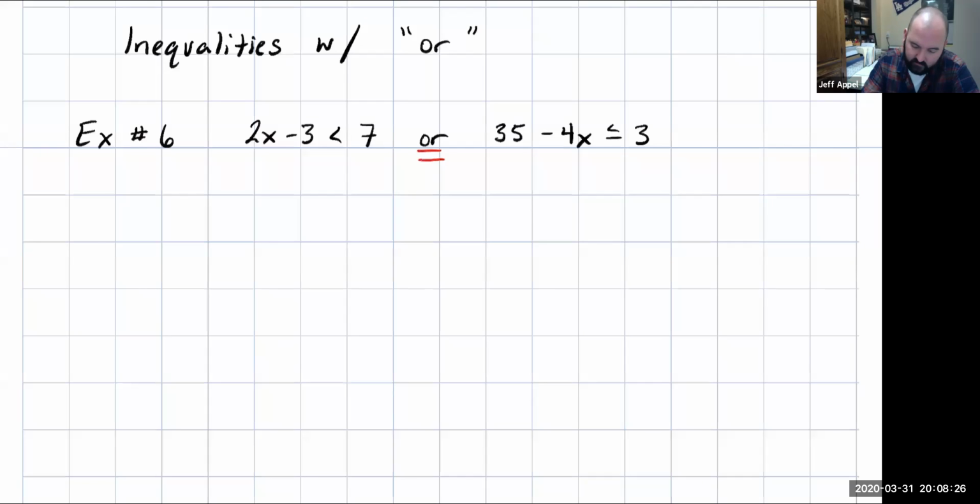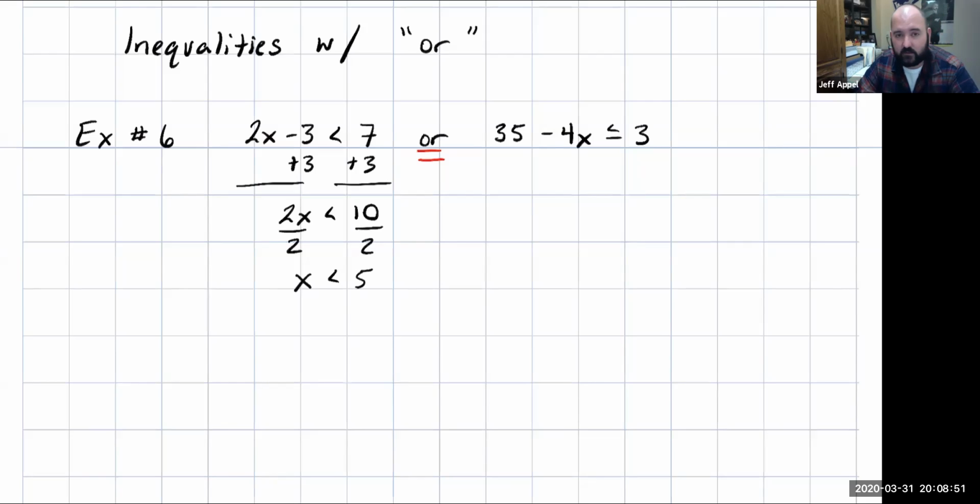Again, the word in between this one is or. We have to solve each of the inequalities regardless. So if I want to solve the inequality on the left, I'm going to add 3 on both sides. And I get 2x less than 10, and then divide both sides by 2, and we get x is less than 5.